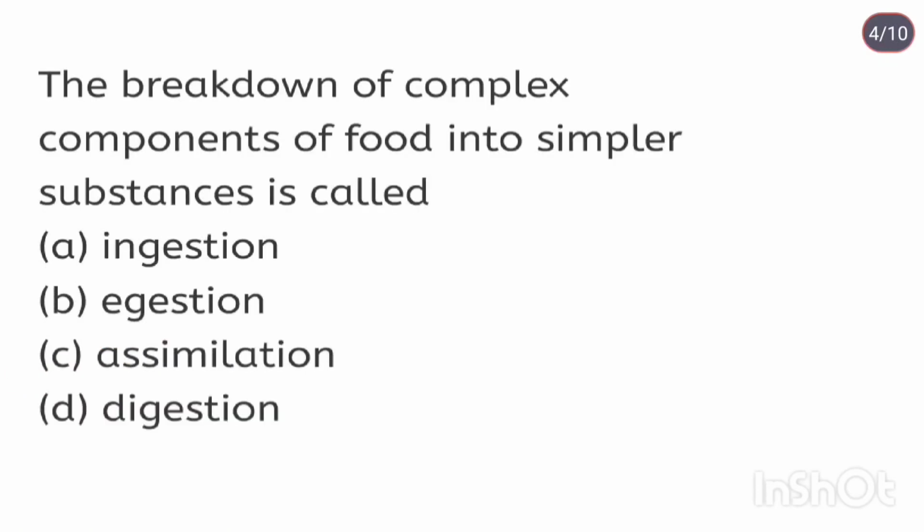The breakdown of complex components of food into simpler substances is called digestion. The process of breakdown of large insoluble food molecules into simpler water soluble molecules is called digestion.